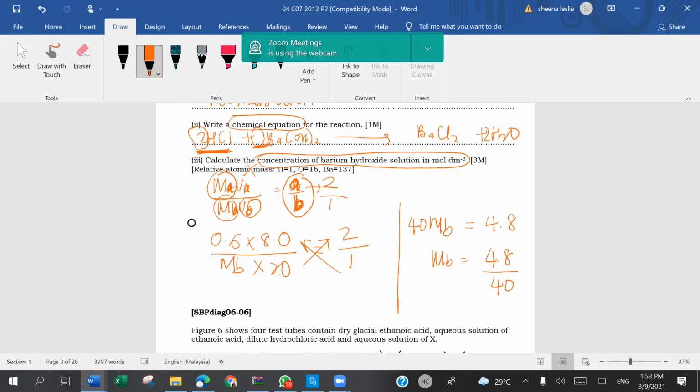Okay, let me check. What did everybody get? 0.12. I put my answer there 0.3. Don't know how teacher counted. Okay, 4.8 divided by 40. 0.12 correct. 0.12 mole per decimeter cube. Correct.